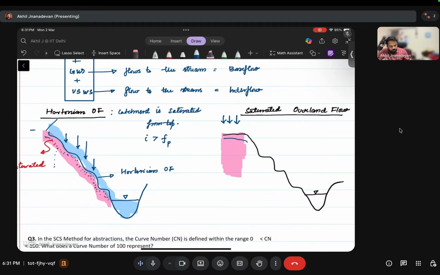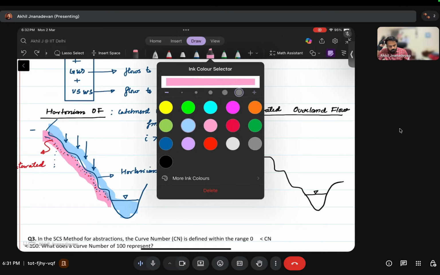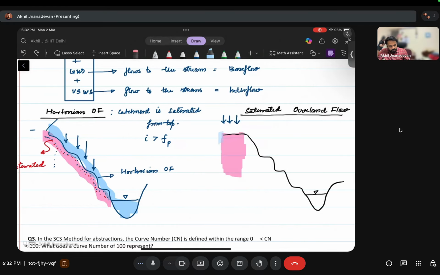After getting saturated, interflow starts happening. Interflow we already saw, that is the flow in the subsurface region towards the stream following the surface path. So there is a subsurface flow that goes and meets the streams.